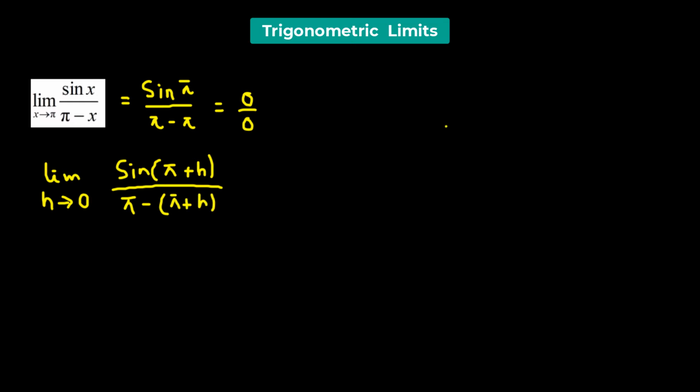Now we know that sine of pi plus theta is equal to sine theta, and pi plus theta means we are in the third quadrant. And so in the third quadrant, the tangent function is positive, everything else is negative. So that means we'll get negative of sine theta.